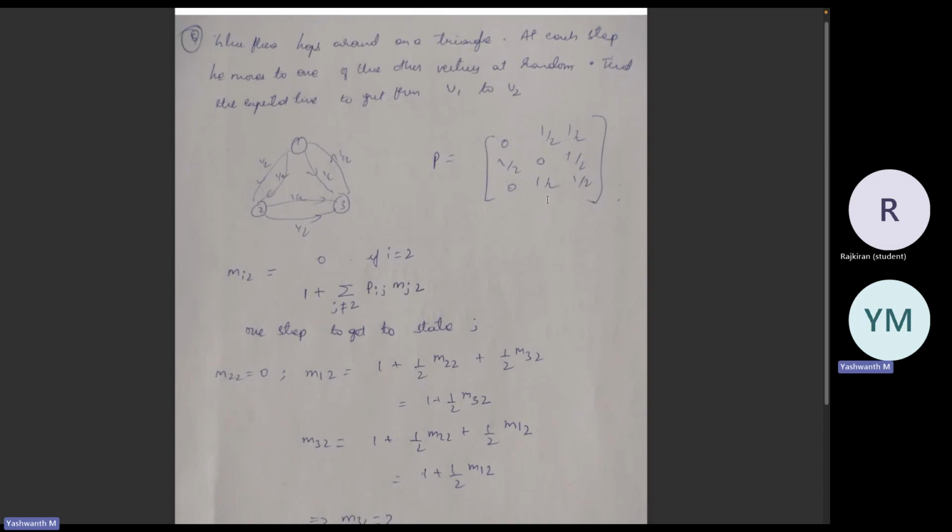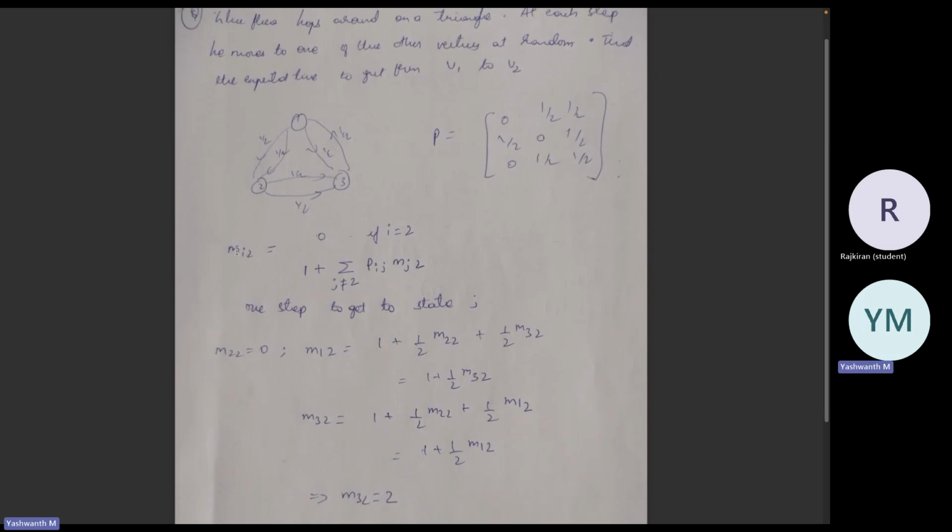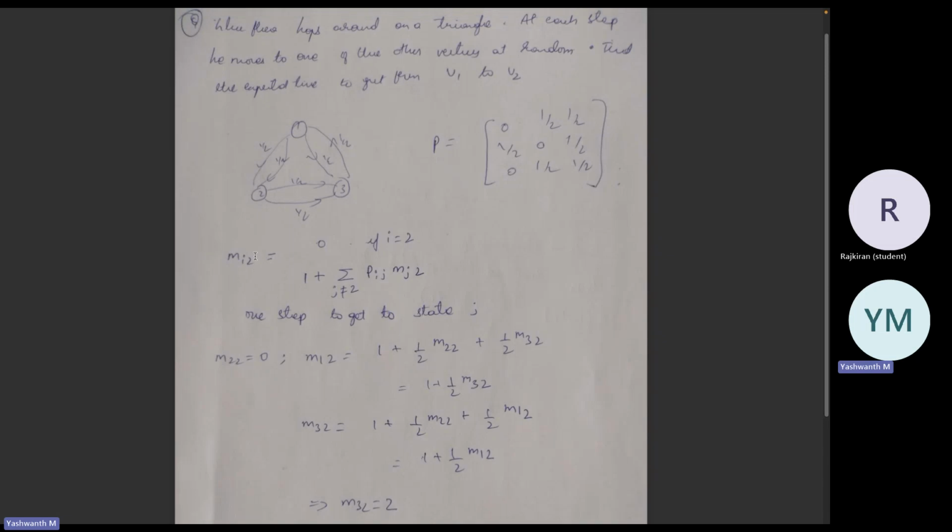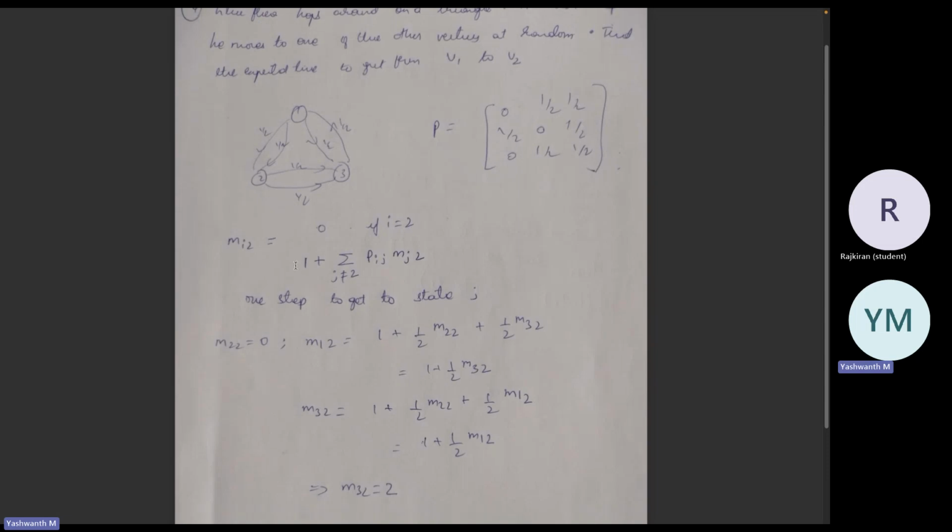So let's define m_i2 as the expected time for going from vertex i to 2. If i is equal to 2, it is 0 because you are already in 2. Otherwise, in one step you go from i to some j, which takes one step.